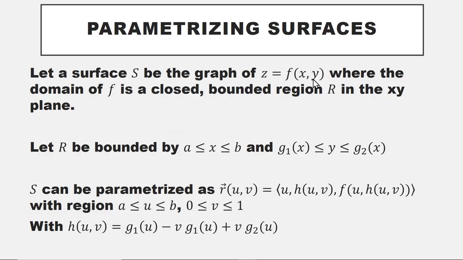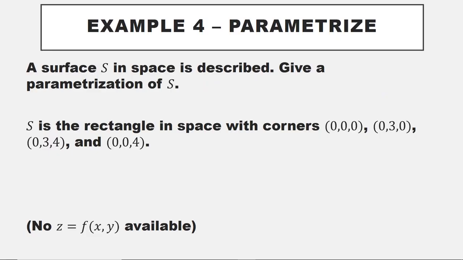Or if I have a surface which I can go y equals a function of x and z, I can do a similar technique with that as well. So let's look at an example of a surface that doesn't have a z equals a function of x and y available, but will have an x is equal to a function of y and z available.